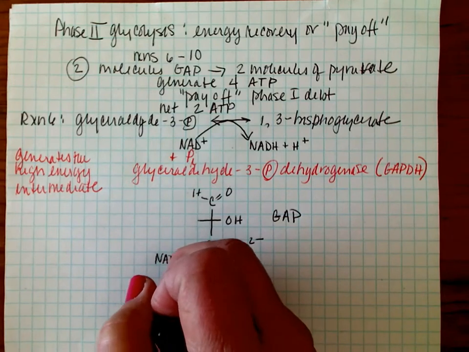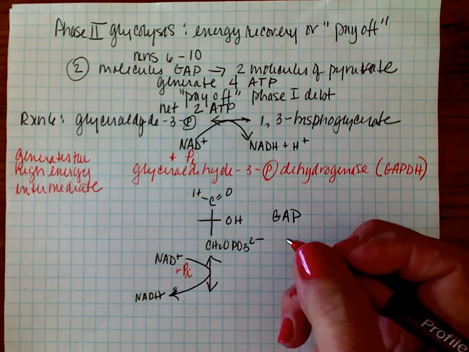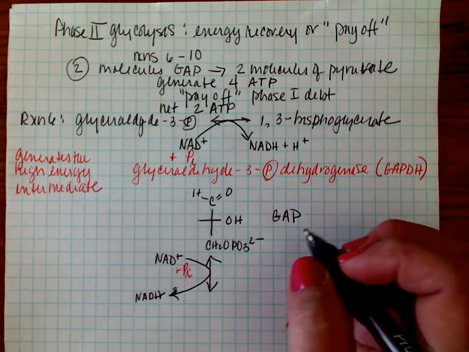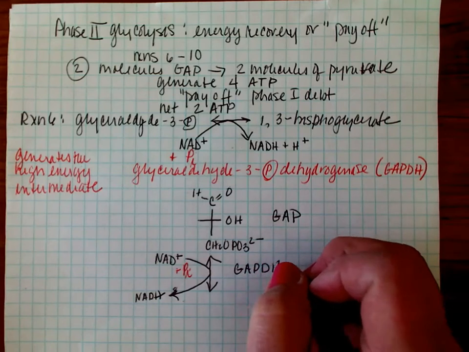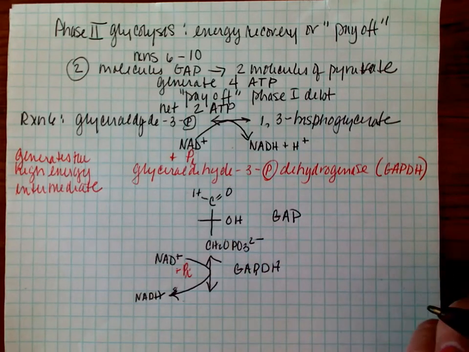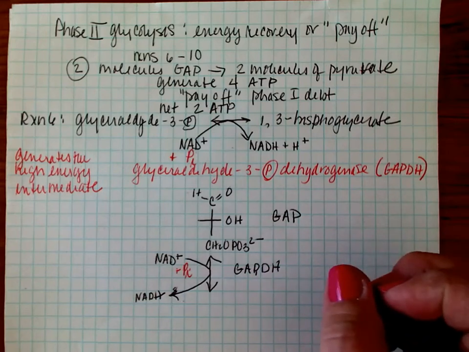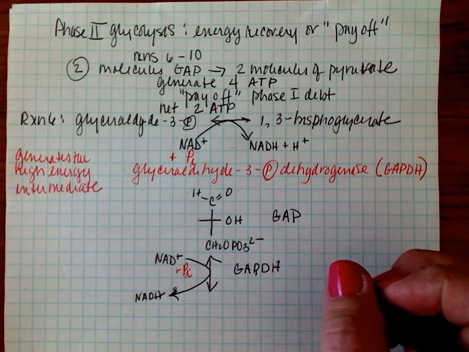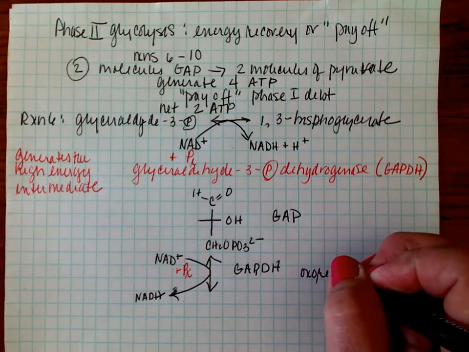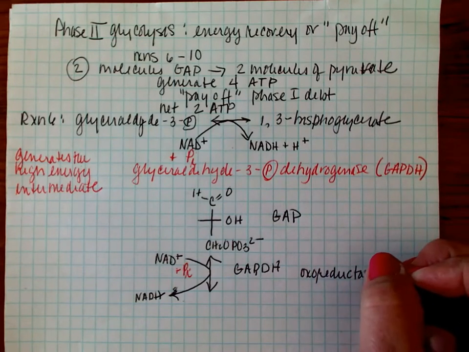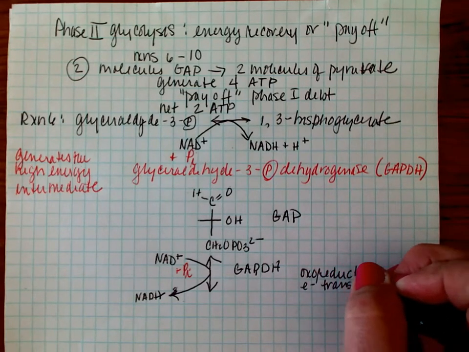Reduction of NAD+ to NADH. And then we have GAP DH, which is a dehydrogenase, basically transfers electrons. It's also an oxidoreductase. Electron transfer.